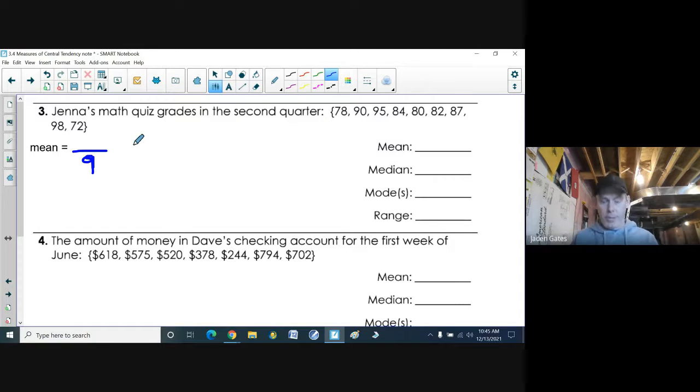We get 78 plus 90 plus 95, plus 84, plus 80, then 82, 87, 98, and then a 72. I get a total of 766. I take that 766 and I divide it by 9, and her average or her mean is 85.1.